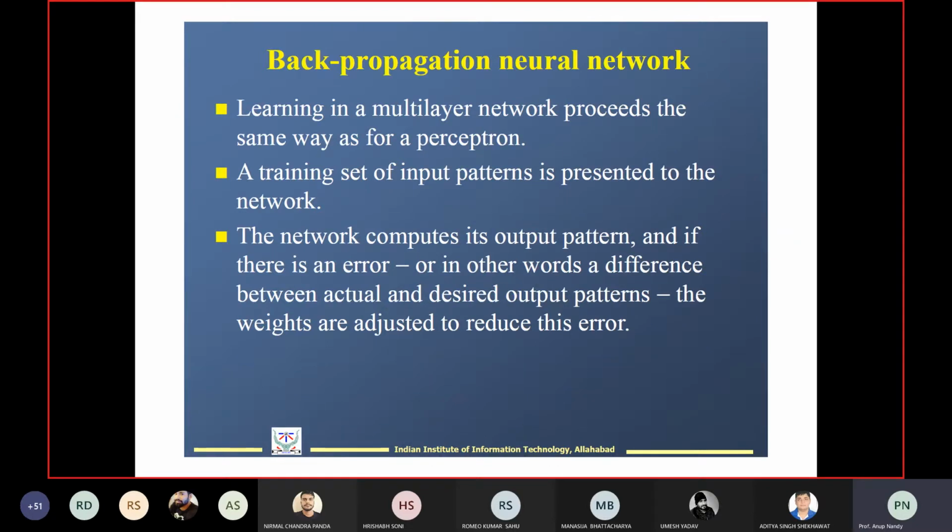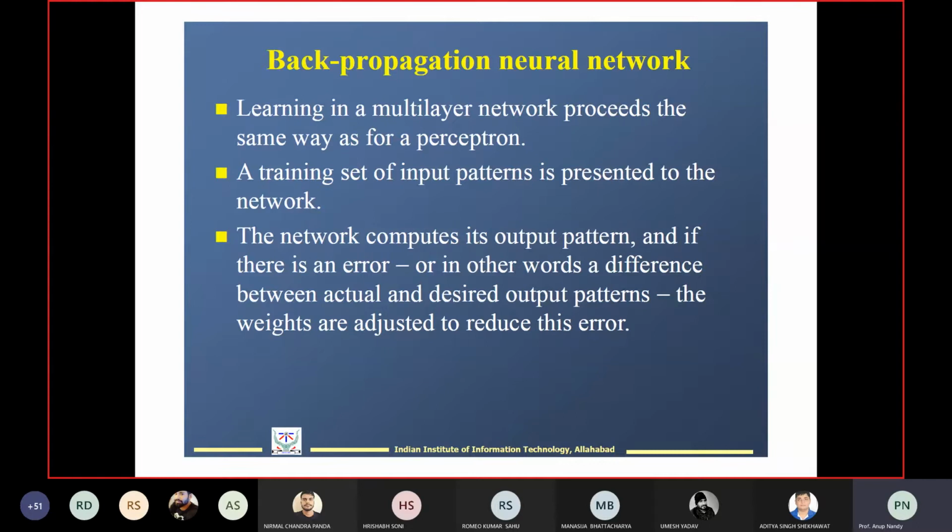You need to have a training set of input patterns, as I already told you. As we are going to do supervised classification, because NN is supervised, you know the class label of the data, and this training data set is given to you. The training set of input patterns is presented to the network, and the network computes its output pattern.